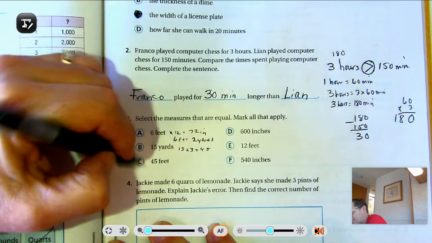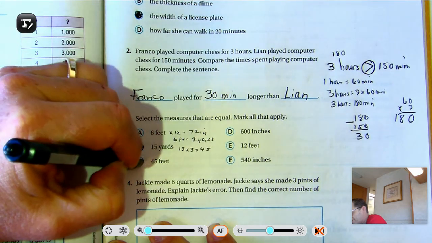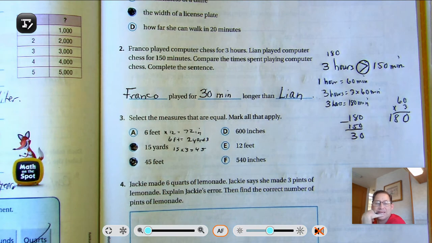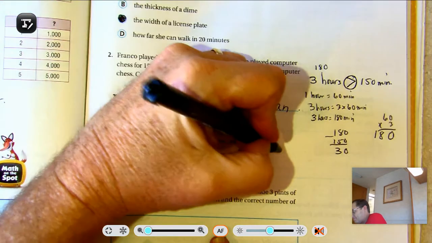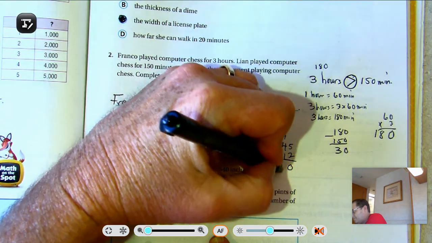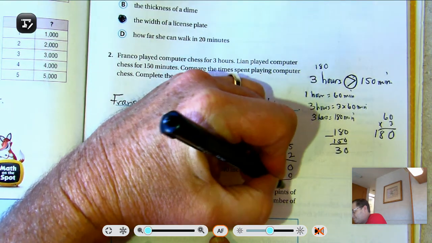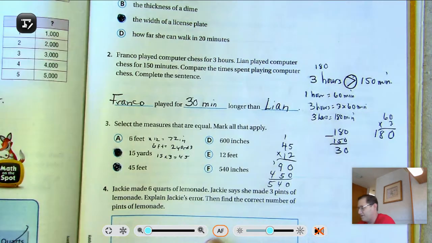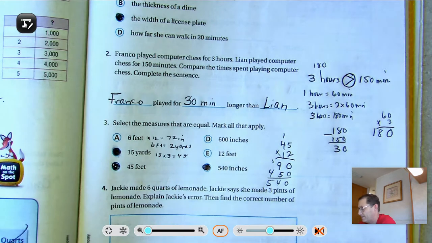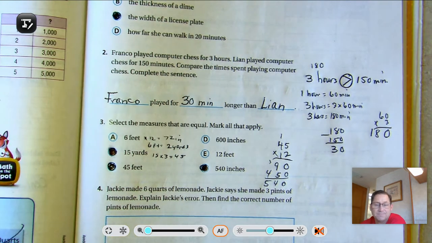That's 45. So 15 yards and 45 feet are equivalent. How many inches are in 45 feet? 45 times 12. 540 inches. Okay, so those 3 are in common.